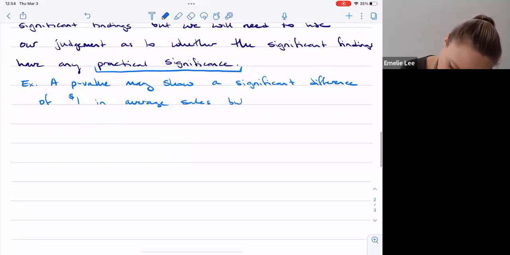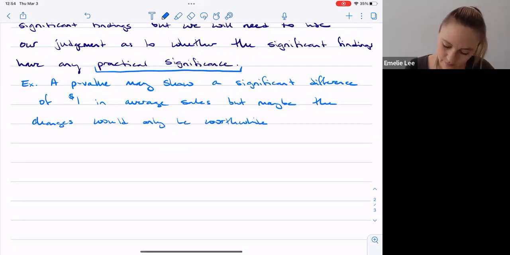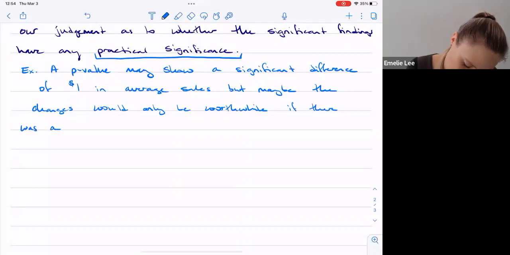But maybe the changes would only be worthwhile if there was a $10 change in average sales.